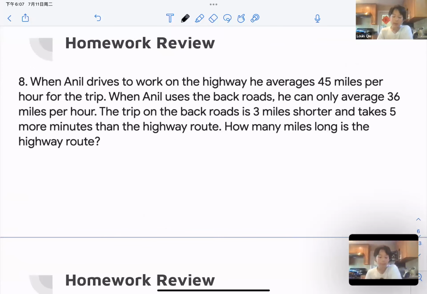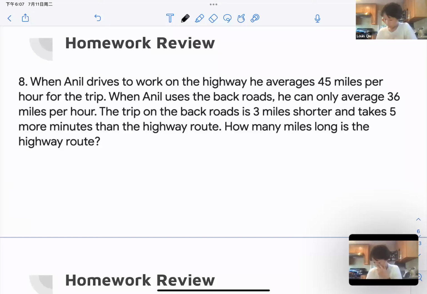When Arno drives to work on a highway, he averages 45 miles per hour for the trip. When Arno uses back roads, he can only average 36 miles per hour. The trip on the back roads is 3 miles shorter and takes 5 more minutes than the highway route. How many miles long is the highway route?